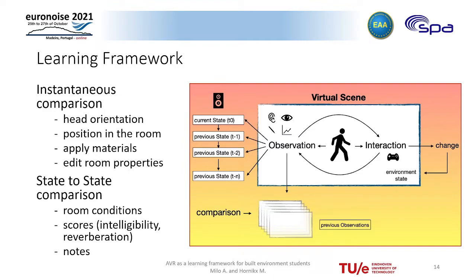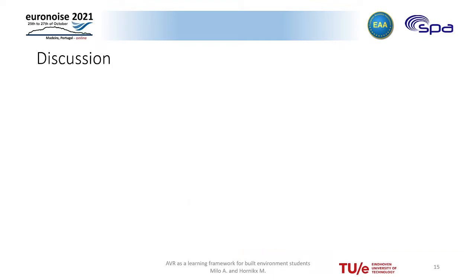One is the comparison happening while the user is exploring the room and changing the materials, and the other is what can be done comparing 2 different previously saved states. We would like to continue evaluating the application in terms of usability. We did this with the previous version, but we would like to do this with the first-year students, who were our intended final users, and we would also like to know whether the application can help them learn about acoustics.